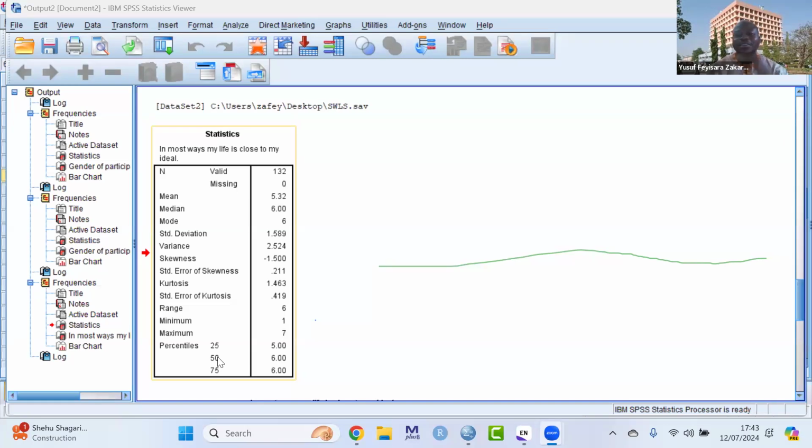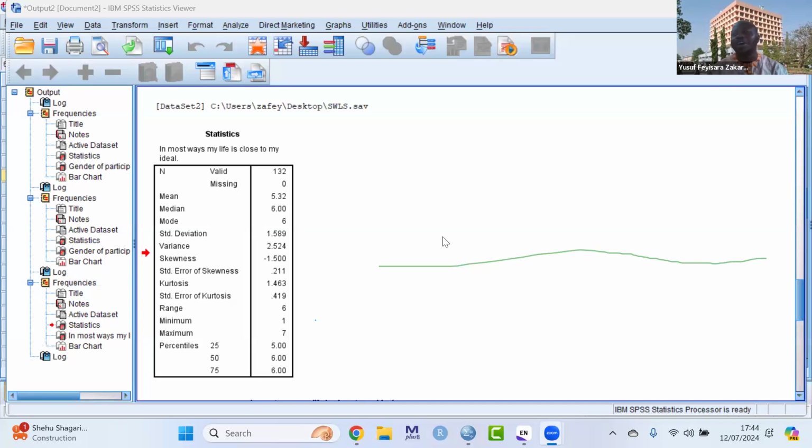How is that? 50 divided by 100, what do you get? 1 over 2, half. That half I just mentioned should tell you something. 50 over 100 is half. The second quartile is 2 over 4.